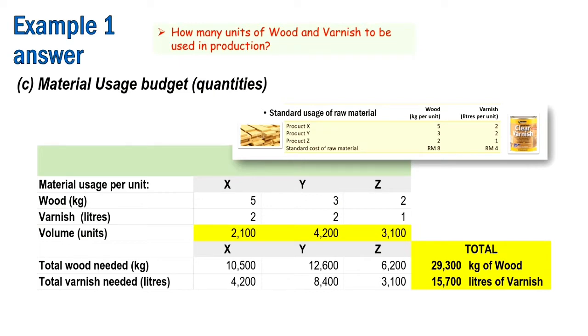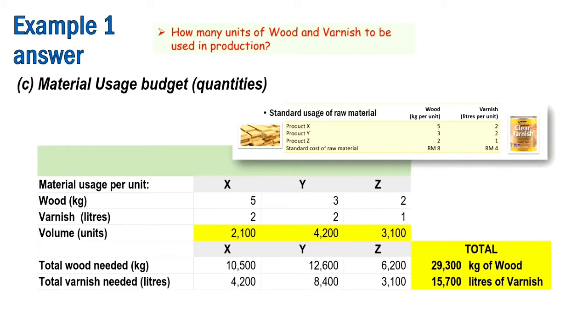So 2,100 units of product X, you have to times with 5 kilograms of wood, you will get 10,500 kilograms total wood needed. And 2,100 units of product X, you have to times with 2 liters of varnish. It sums up to 4,200 liters of varnish total for product X.